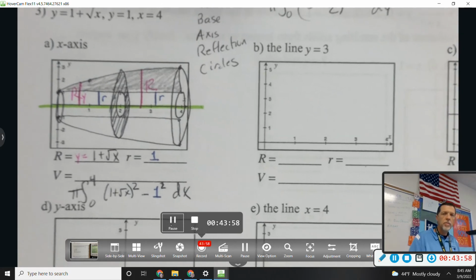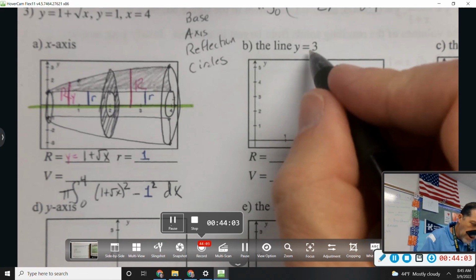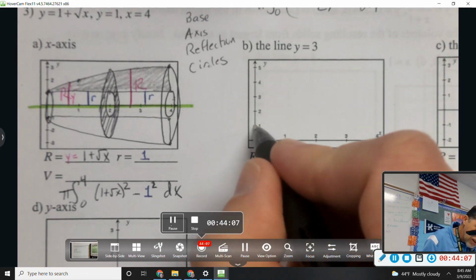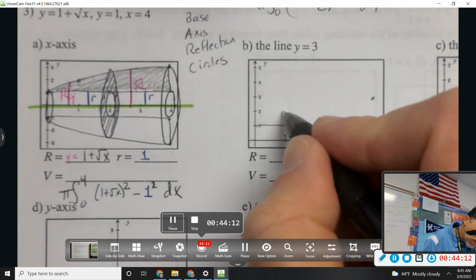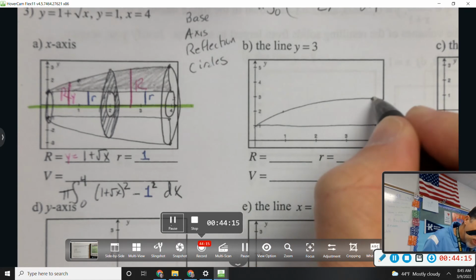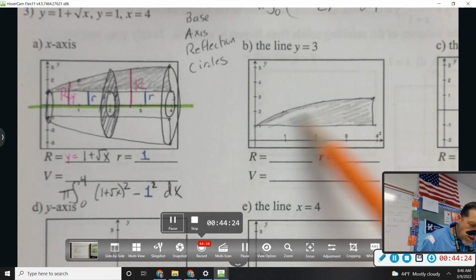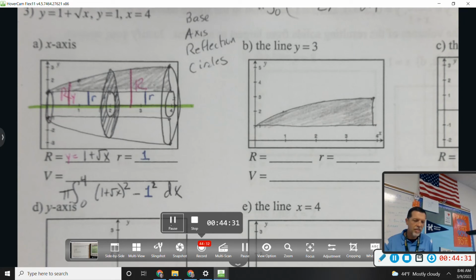Let's try B. Y equals 3. I don't care about y equals 3 first. I care about drawing the picture first. Base, axis, reflection, and then the circles.